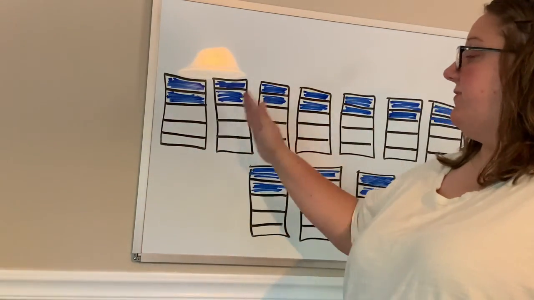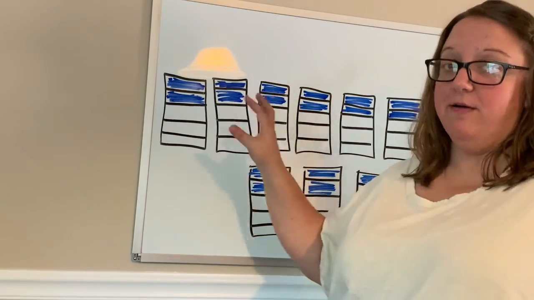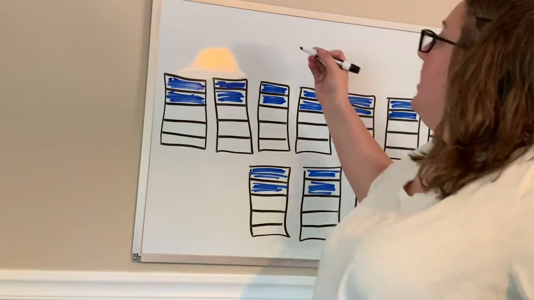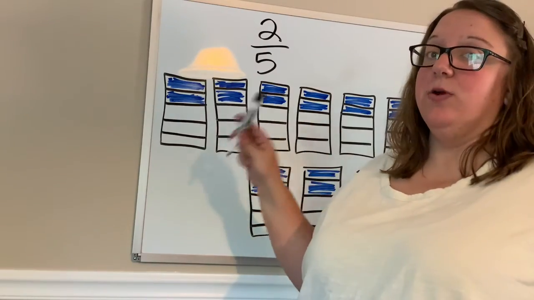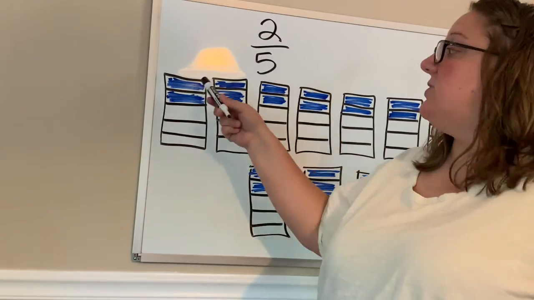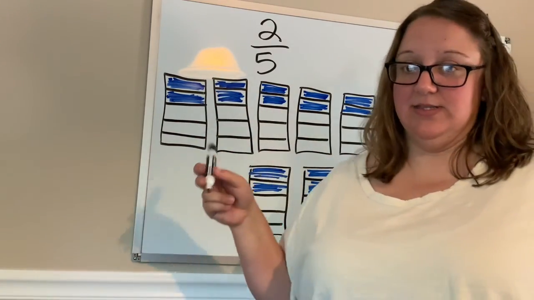So I divided them into 5 sections, and then I colored in 2 of the 5 sections because they told me that he's drinking 2/5. So what that really means is 2 out of 5. So I colored in 2 out of the 5 sections.